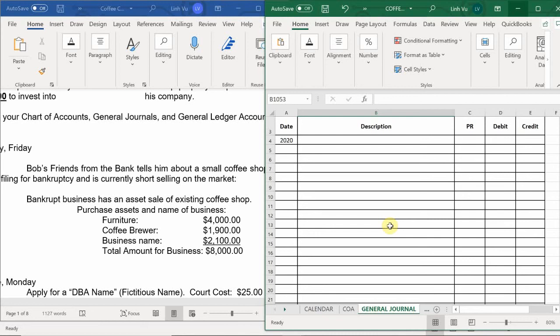Now, what is the very first accounting principle of GAAP? I don't know. An accounting system to record every transaction.